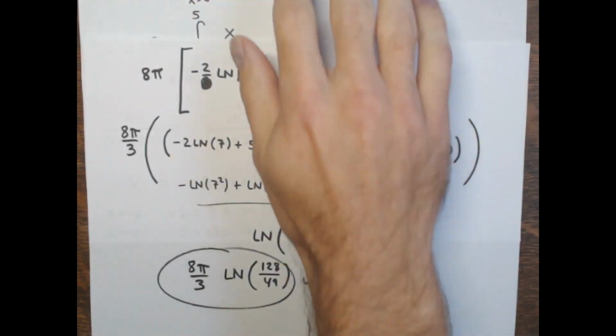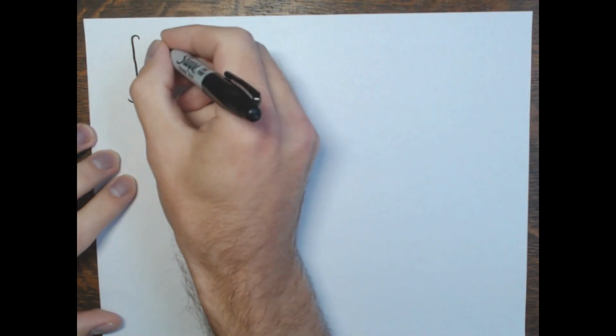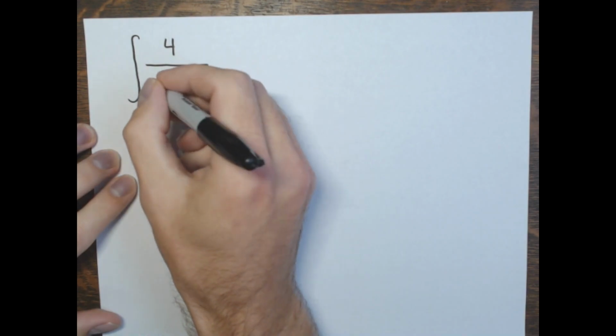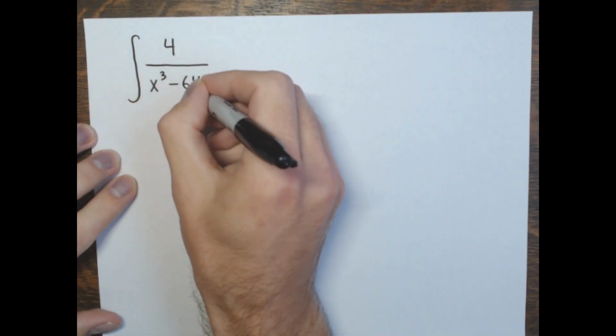All right, so write that out. We have the integral of 4 over x cubed minus 64.